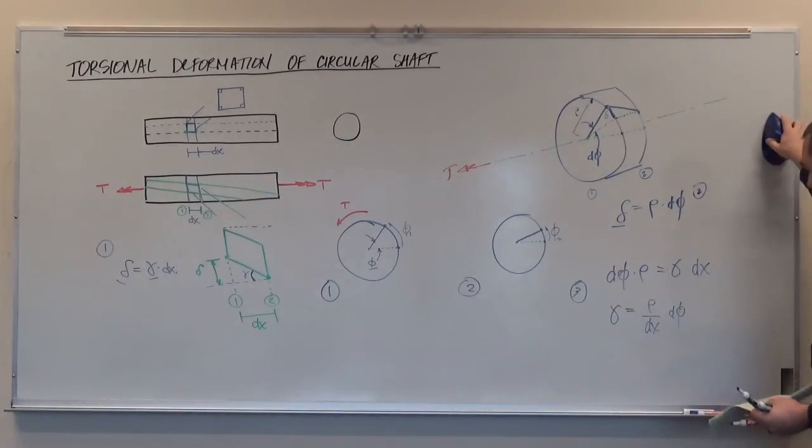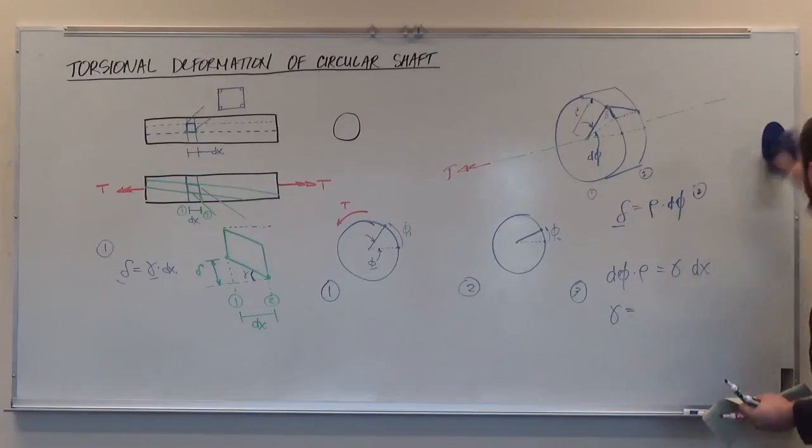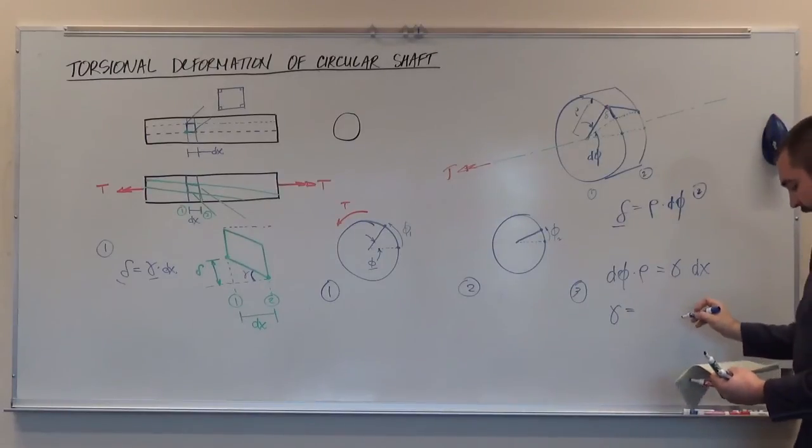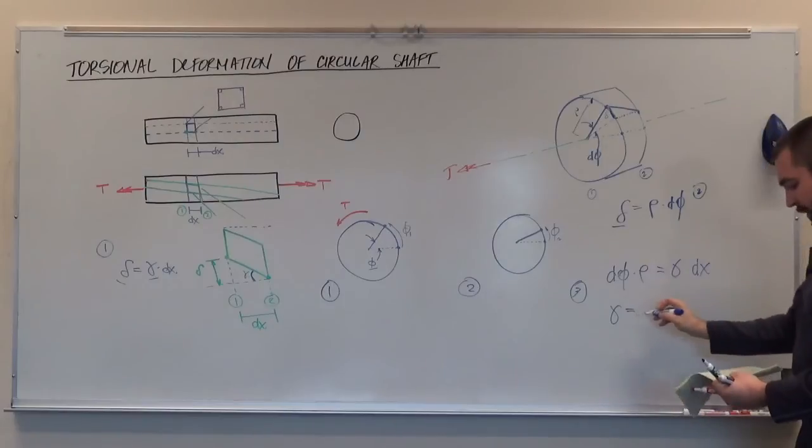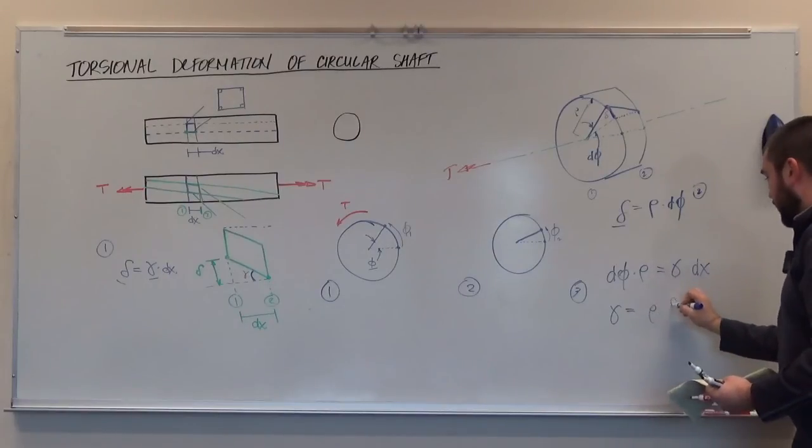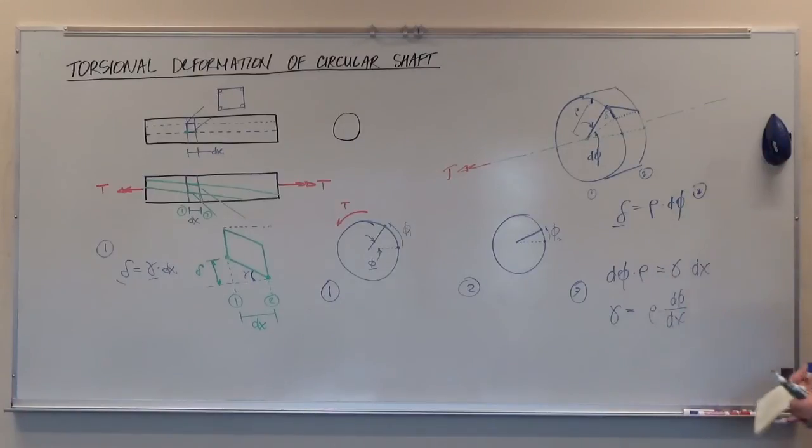Actually, I'm just going to rearrange that a little bit, move the denominator over to the other side, and I will get gamma is equal to rho times d phi over dx. Okay, so we can glean a couple of things from this relationship right here.